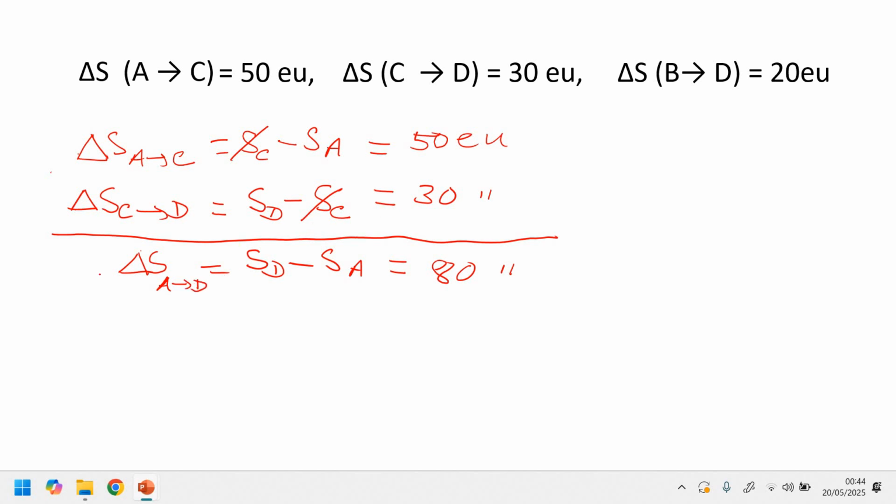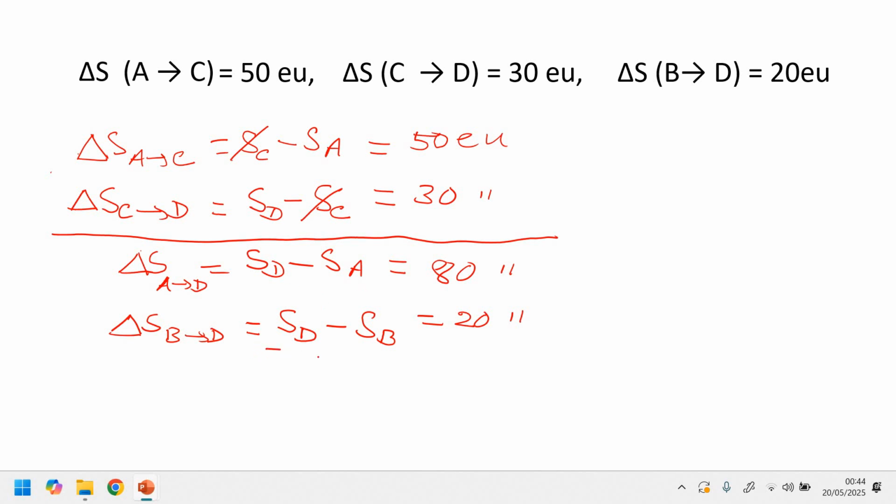Now the entropy change for B to D, that value is given, that is SD minus SB, and this value is 20 entropy units. Now you subtract this equation from the previous one.